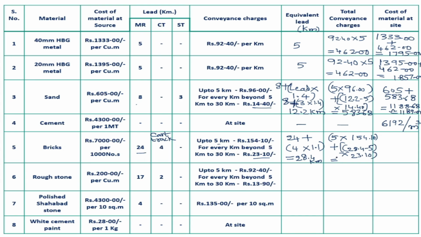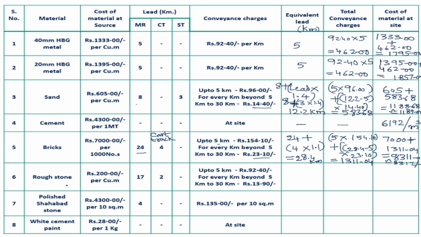Total conveyance charge is 1311 rupees 4 paisa. Cost of the material at site is equal to 7000 rupees plus the total conveyance charge per 1000 bricks, 1311 rupees 4 paisa, which is 8311 rupees 4 paisa. Round it to 8312 rupees per 1000 numbers.